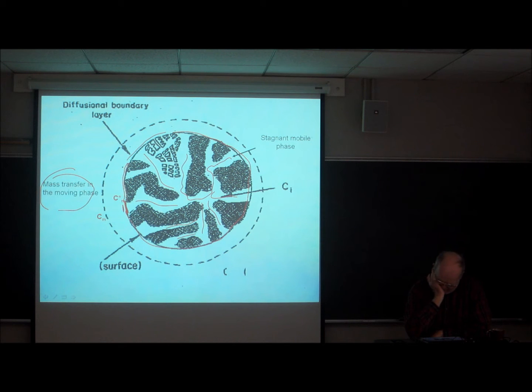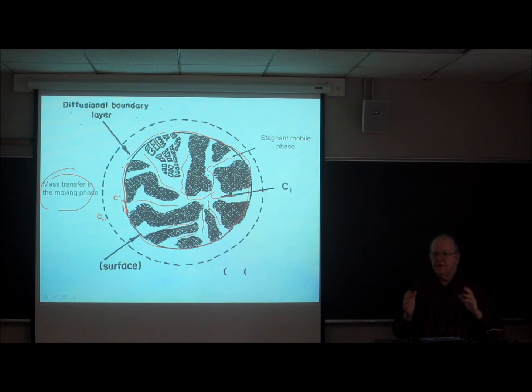Now, one of the earliest models of transport in flowing material is what's called the Nernst boundary layer theory. And that theory says that the fluid right near the surface of the particle is stagnant.